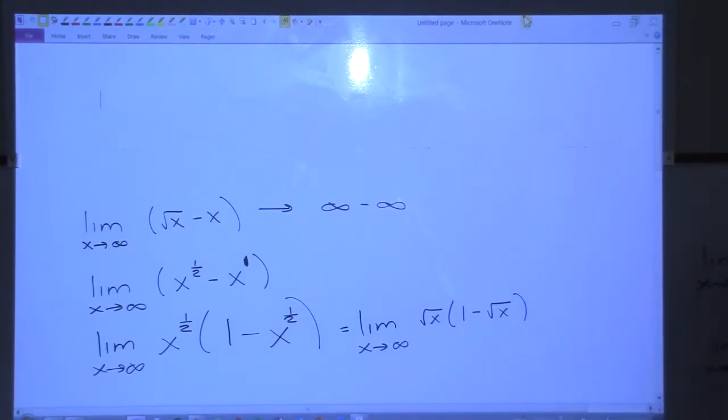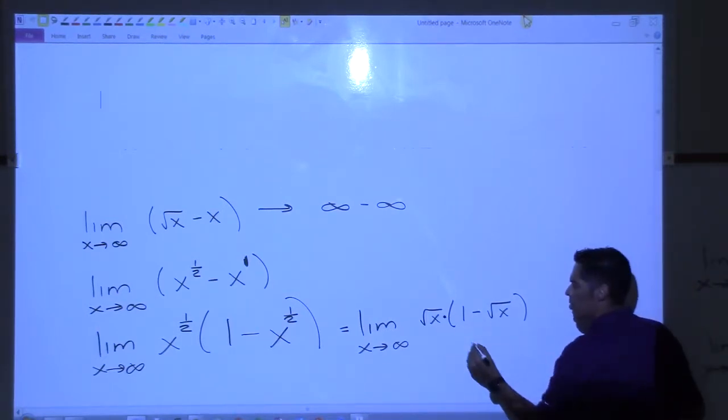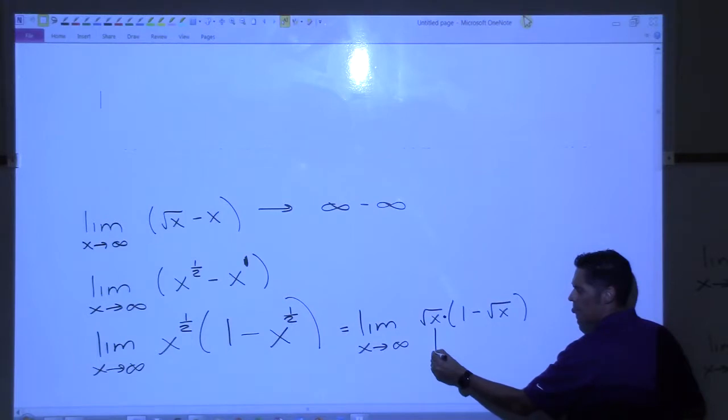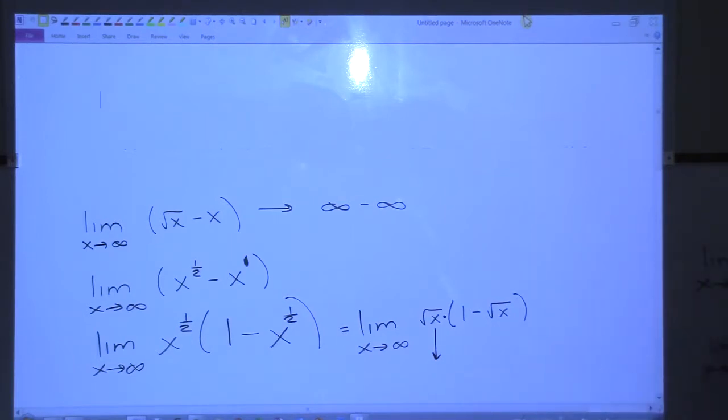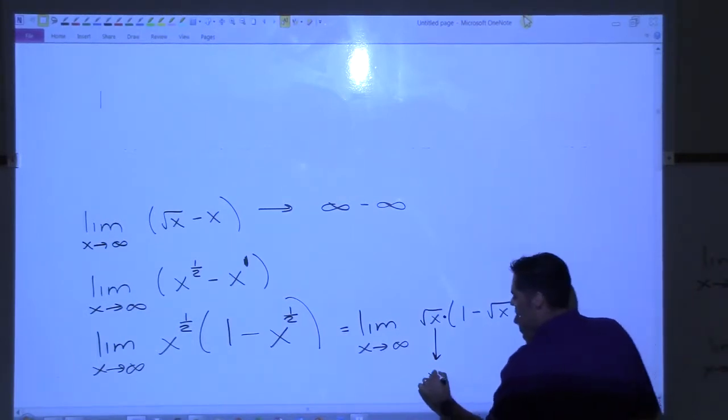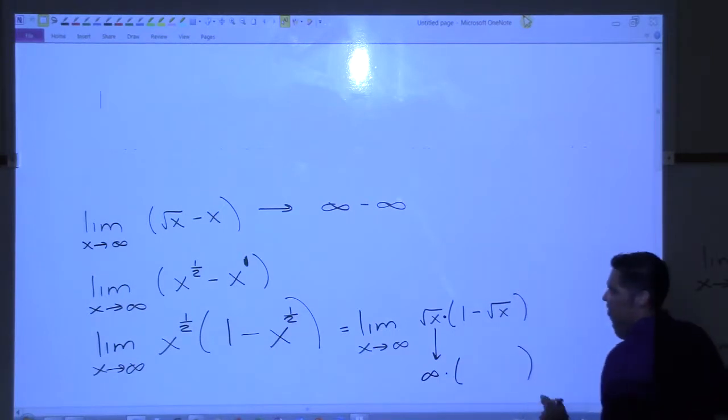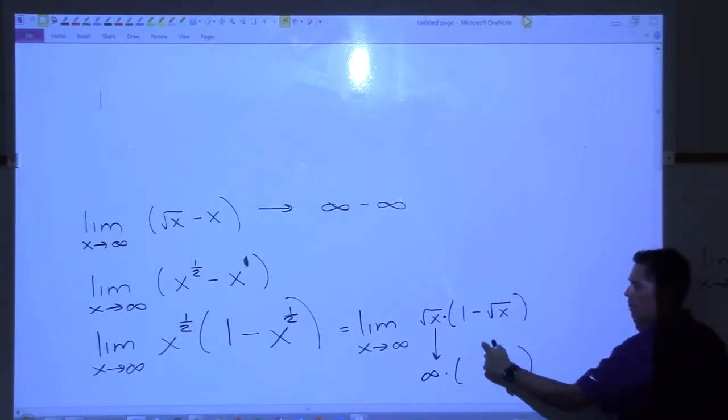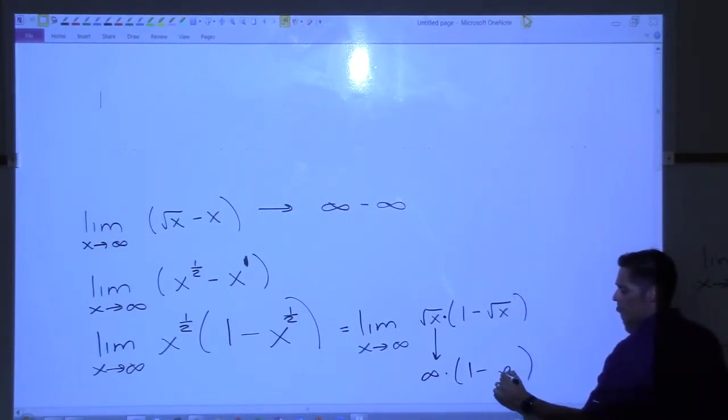Now, Marissa, why does that help? Now we have multiplication right here. So Marissa, when you do this, where is this one headed? The square root of infinity, infinite, times, now here you have 1 take away infinity, right?